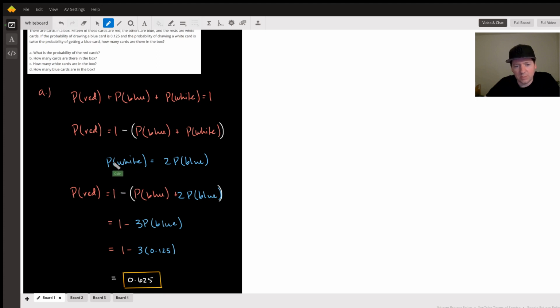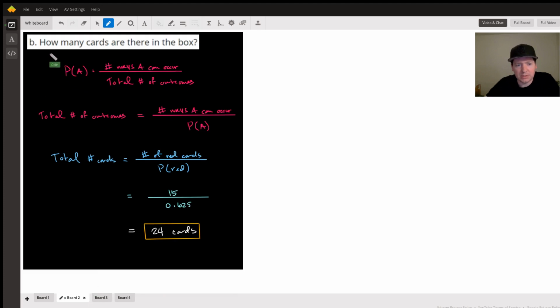So if we say that the probability of getting a white card is 2 times the probability of blue, we can substitute that in for the probability of white, giving us 1 minus the probability of blue plus 2 times the probability of blue, which simplifies to 1 minus 3 times the probability of blue, which gives us 1 minus 3 times 0.125. And if you do that calculation, you get 0.625. So the probability of getting a red card is 0.625.